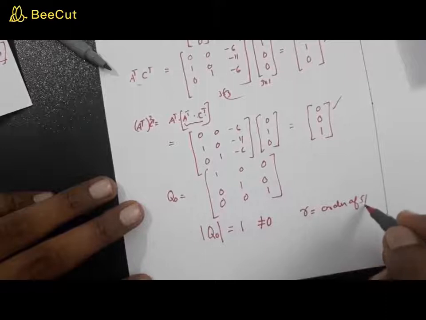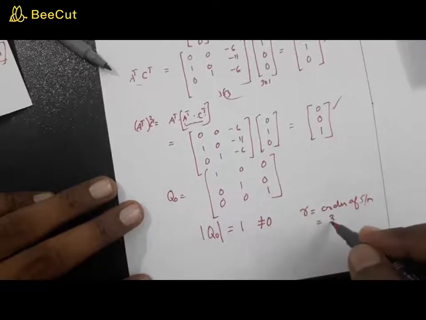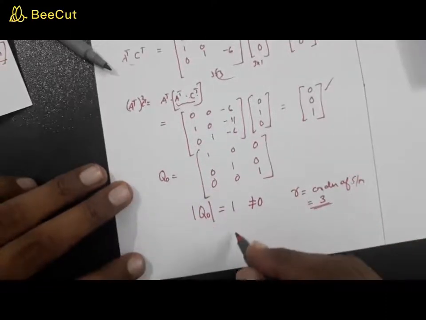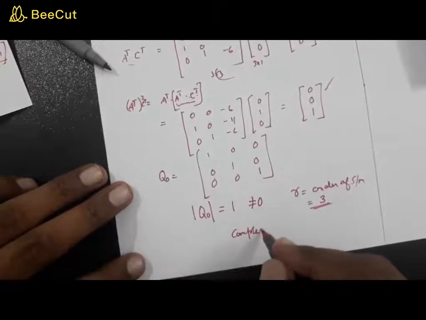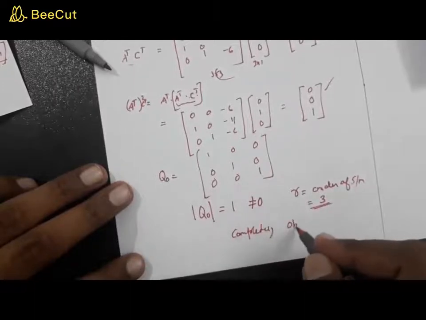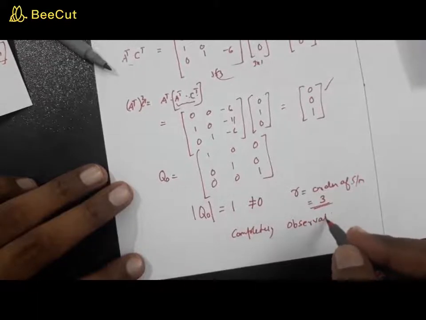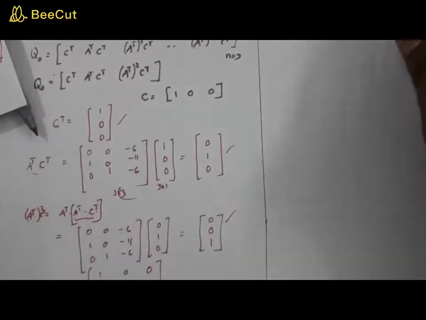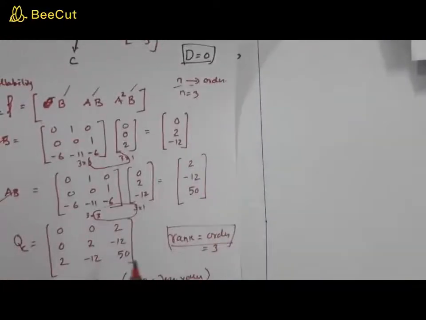And what's the order of the system? The order of the system is 3. That is, the system is completely observable.